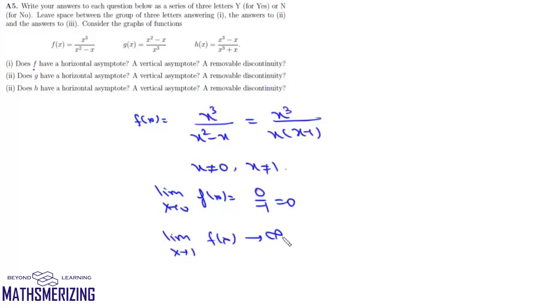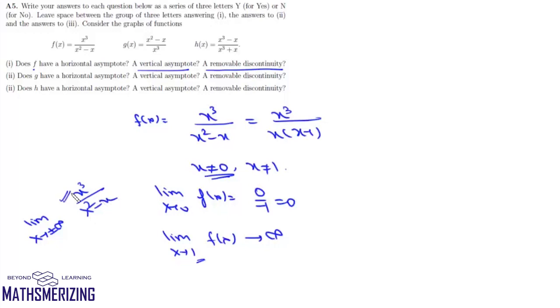So that means this function will have a removable discontinuity at 0, because at 0 this function is discontinuous, but the limit exists and it is equal to 0. And it also has a vertical asymptote at x equals 1. Now what about a horizontal asymptote? For that we'll find the limit as x tends to plus or minus infinity of x cubed upon x squared minus x.